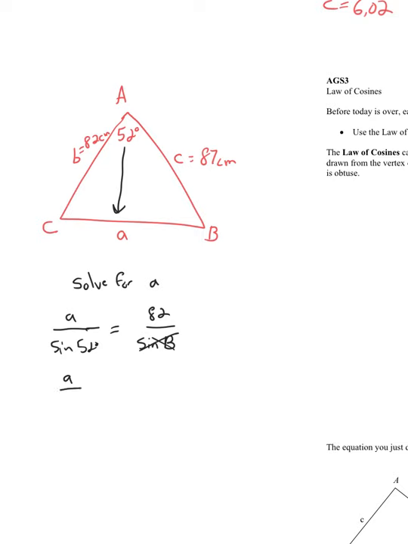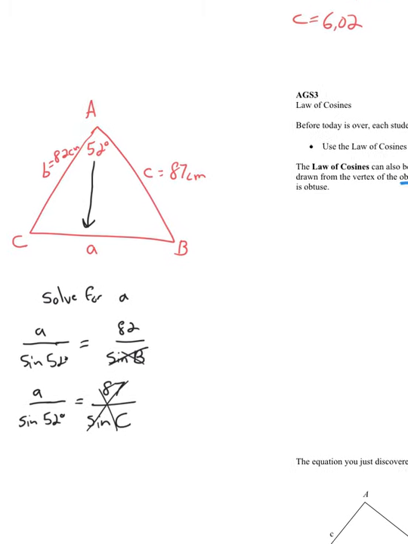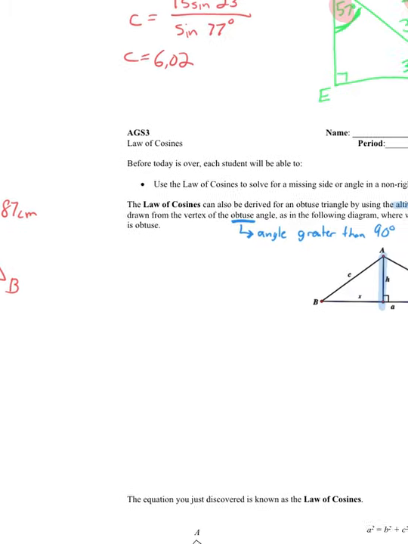So we'll have to use angle C then. a over sine of 52 equals 87 over sine of C. Well, that's not going to work either. I was given 3 pieces of information here: 2 sides of the triangle and 1 angle, but I can't use law of sines to solve for it. So this is where the law of cosines comes in, because the law of sines is not always going to work. In this situation, the law of sines won't work.